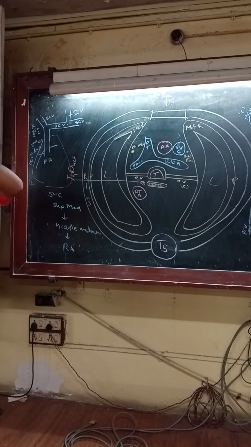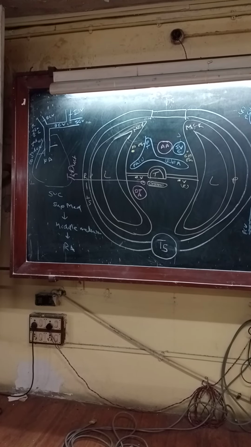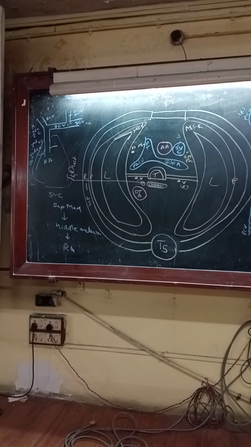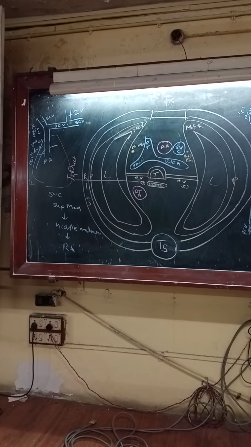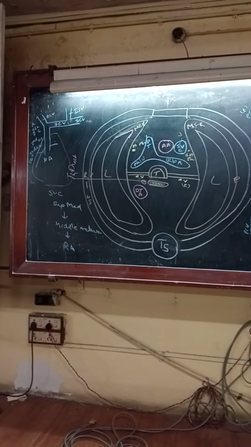Tributaries, very few. The formative tributaries of SVC are the brachiocephalic veins, and the main tributary it receives is the azygos vein.